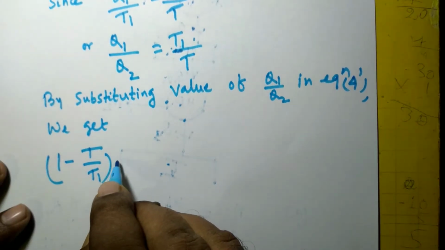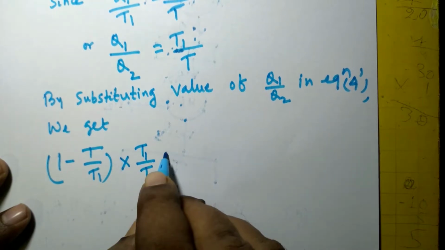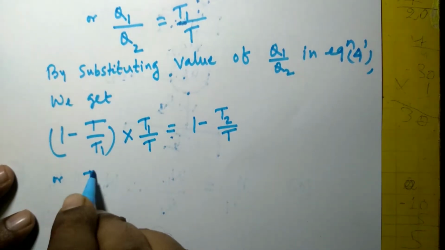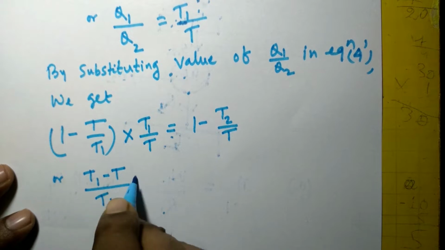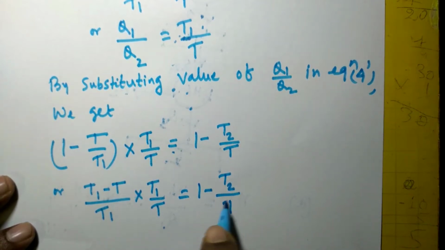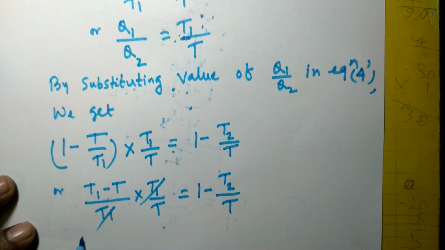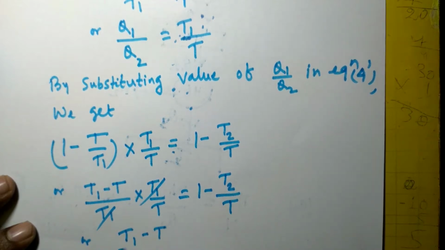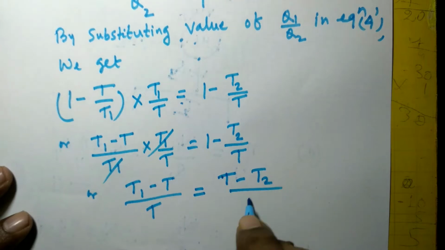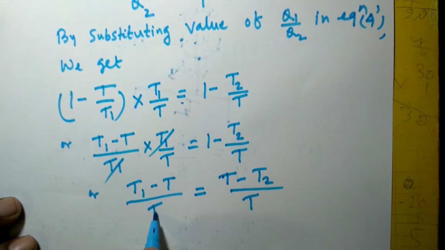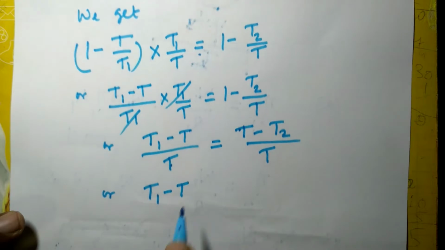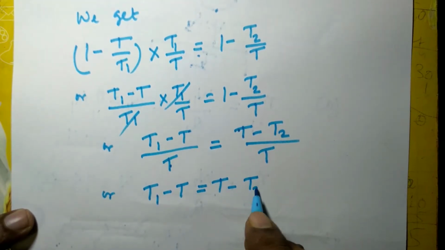So 1 minus T by T1 multiplied by T1 upon T is equal to 1 minus T2 upon T, or T1 minus T divided by T1 multiplied by T1 upon T is equal to 1 minus T2 upon T. This cancels out, or T1 minus T upon T is equal to T minus T2 upon T. By cancelling T from both denominators, we get T1 minus T is equal to T minus T2.